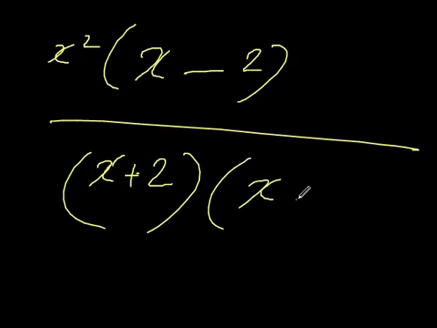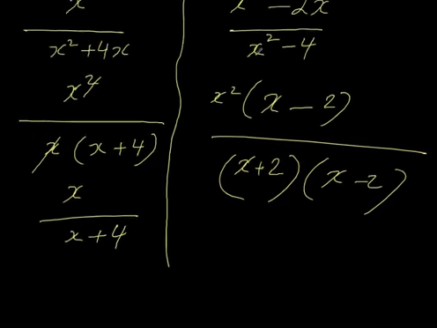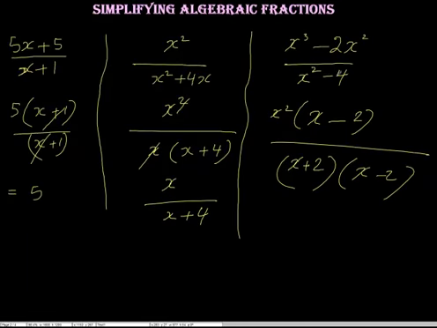You can see that they both are square numbers, x squared and 4, with a negative sign between, so when I cross that out with that, I'm left with x squared over x plus 2. That should be your final answer.